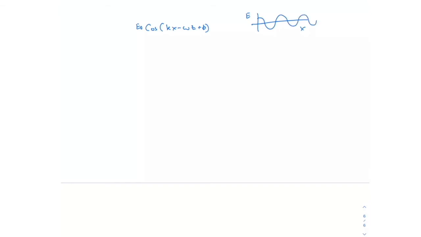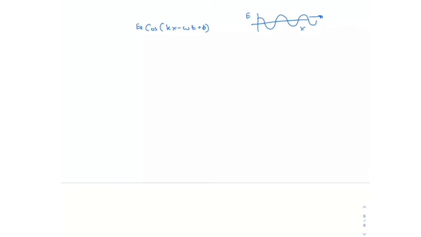So let's see that. If my expression looks like kx minus omega t plus phi, and I plot that as a function of x at some time t, it's this sinusoidal function, and as t advances, this whole waveform is going to move to the right.